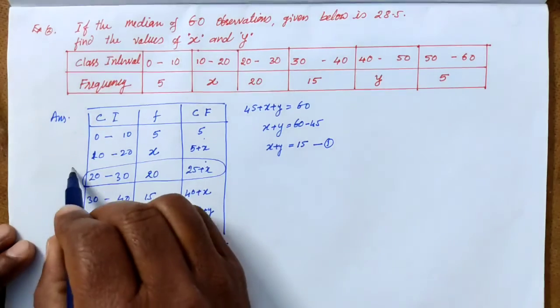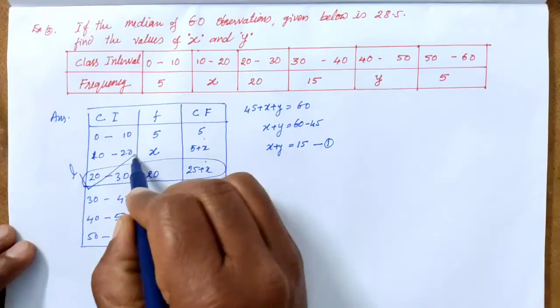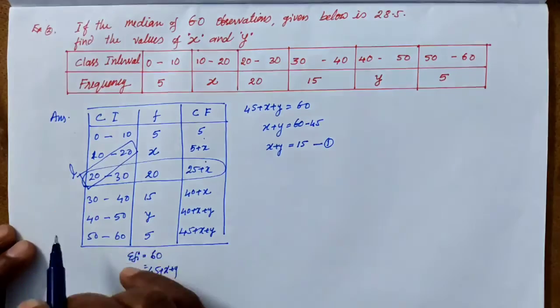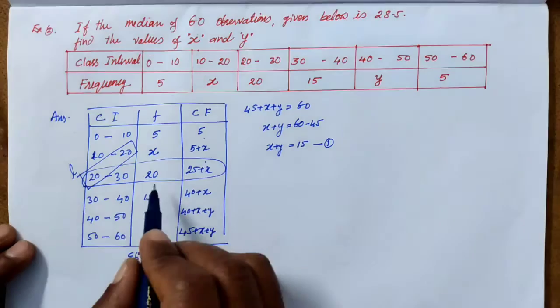So L is the average of these two values, 20 plus 20 by 2, so L is equal to 20.